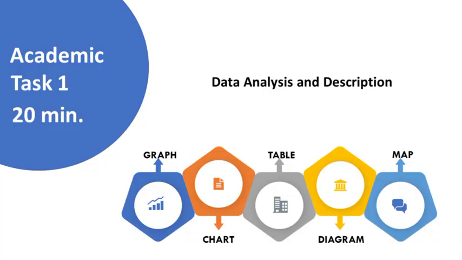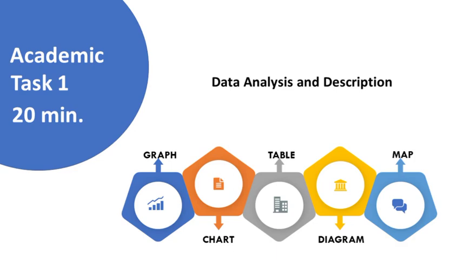The academic training module task 1 for writing has data analysis and description. And there are different types of data analysis that you are likely going to come across in your task 1 if you're writing the academic training module.